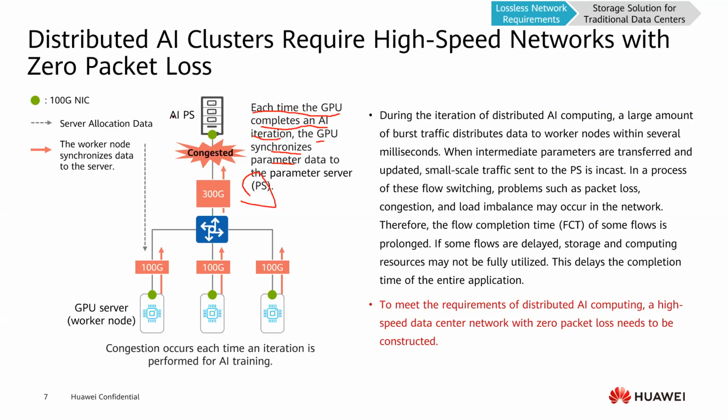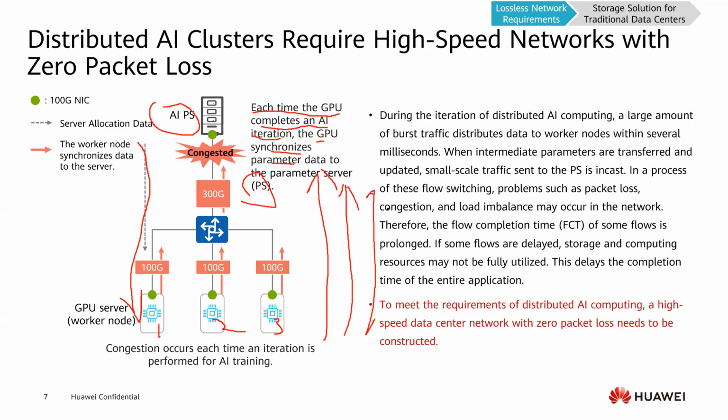For example, first the AI server allocates data to the work nodes. We have three work nodes here. When a work node has generated the result, it must send the packet to the parameter server. Here this link is 100 GB, this is also 100, and this is also 100.